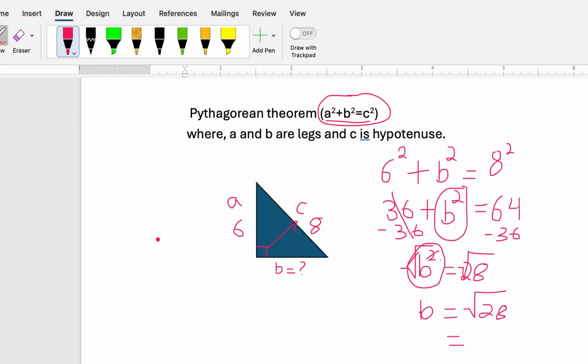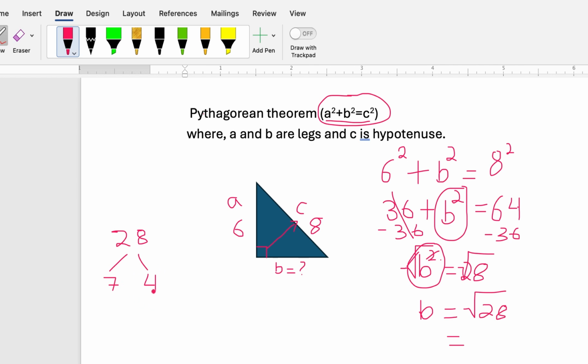you can factor this with the tree method. So I have my 28. What are the numbers that go into 28? It's 7 and 4.